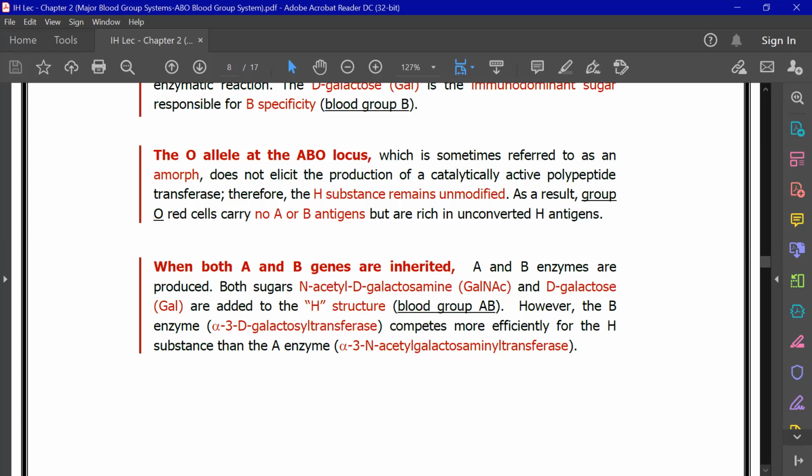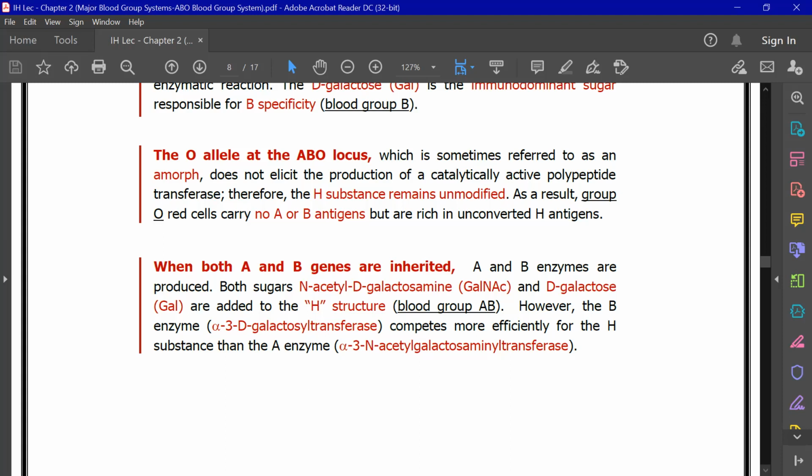Pag dalawa yung na-inherit nating genes, dalawa din yung magiging protein product. So pagtatanungin ko kayo later on, in group AB individuals, what is the gene product in the phenotype AB individuals? What is the gene product? Ang sagot nyo sa akin would be dalawang proteins.